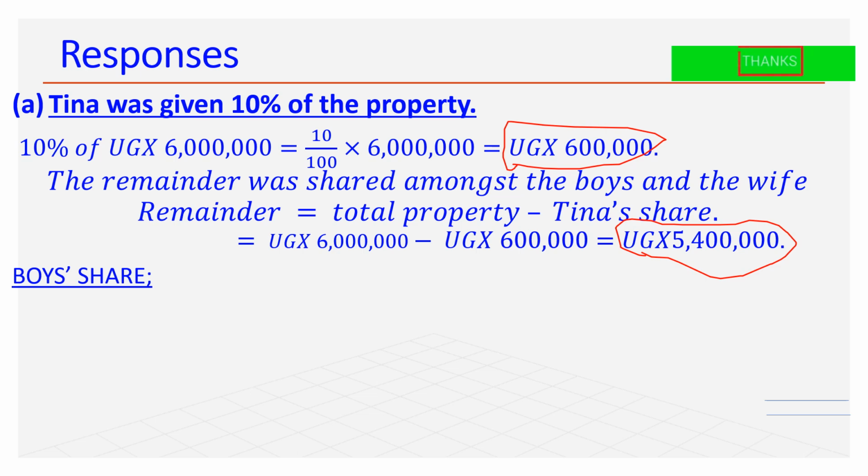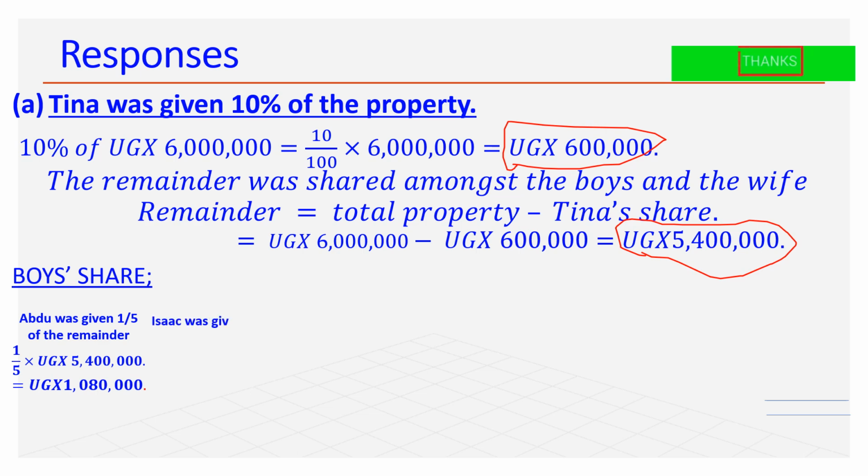So the boys share now. We start with Abdul, who was given 1/5 of the remainder, and the remainder is 5,400,000. On multiplying, we get to realize that Abdul is actually taking 1,080,000.